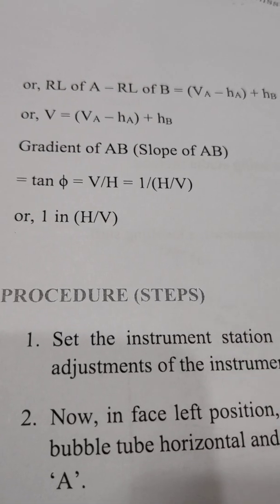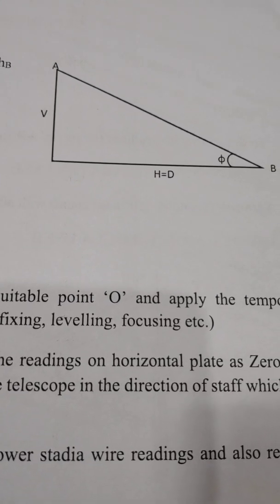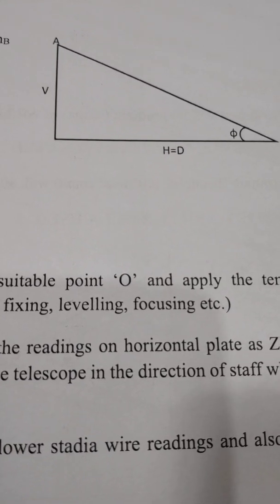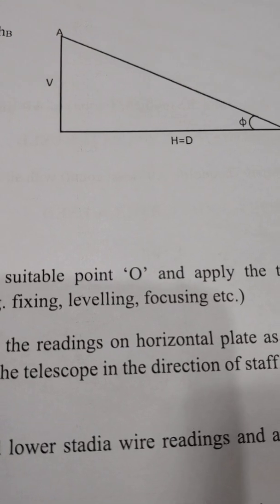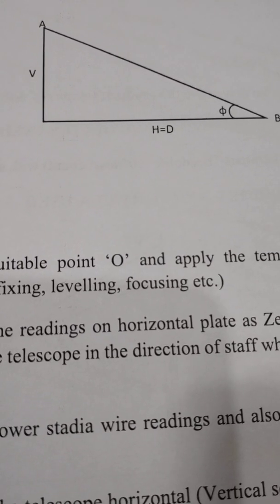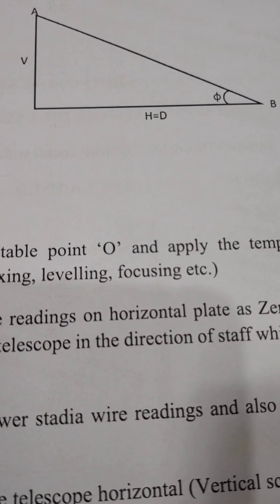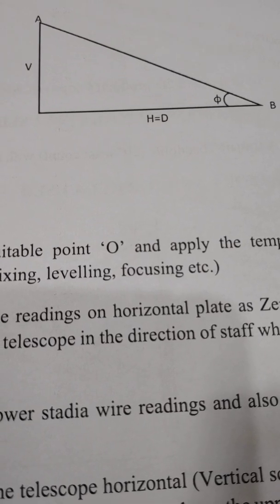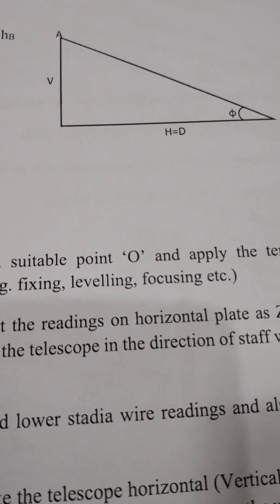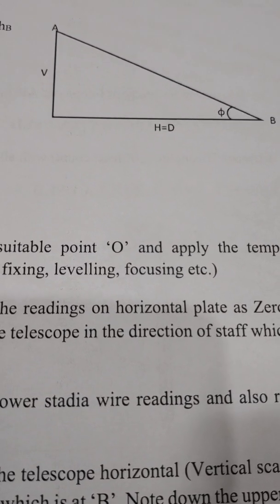So this is the shape of the figure of this building. In this way you can find out the slope of line AB. Here you have got V and H. So H upon V, that will give you the gradient of line AB. I hope you have understood the problem.